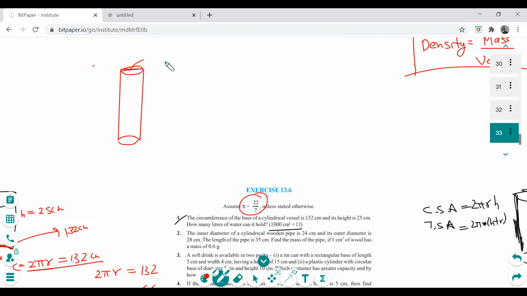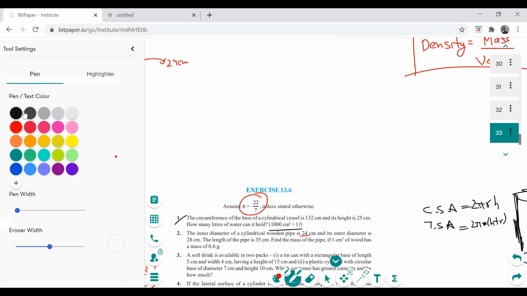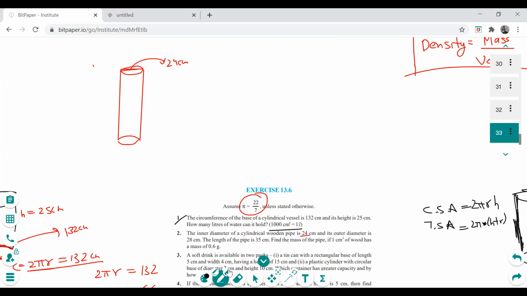This inner diameter is given as 24 centimeter, and its outer diameter is 28 centimeter. Interesting. That means it must have something outer as well. That means it's a hollow pipe.